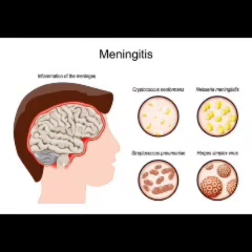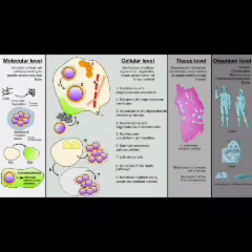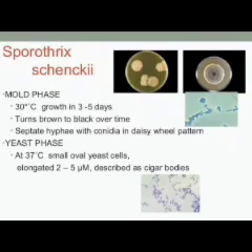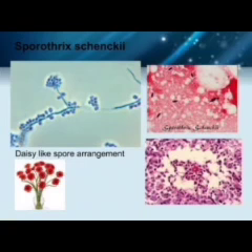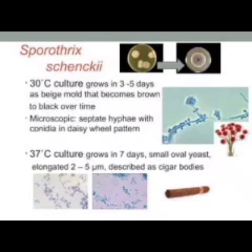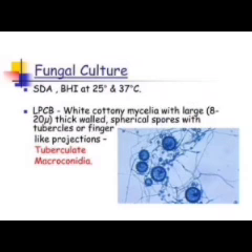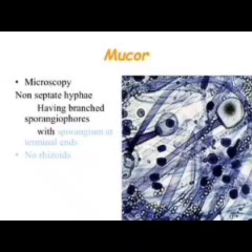These dermatophytes have arthroconidia, branched septate hyphae. Tinea versicolor is oval clusters, thick-walled. Fine.